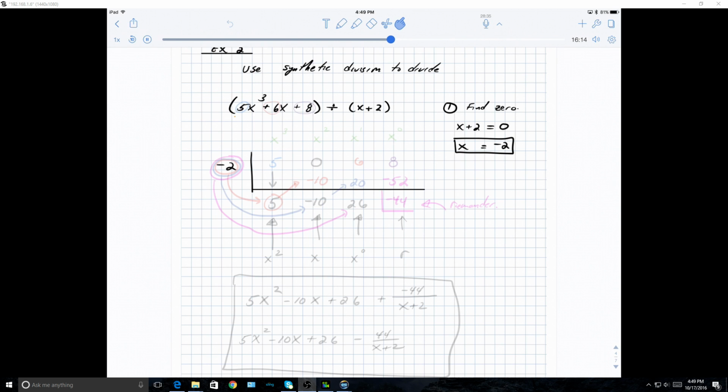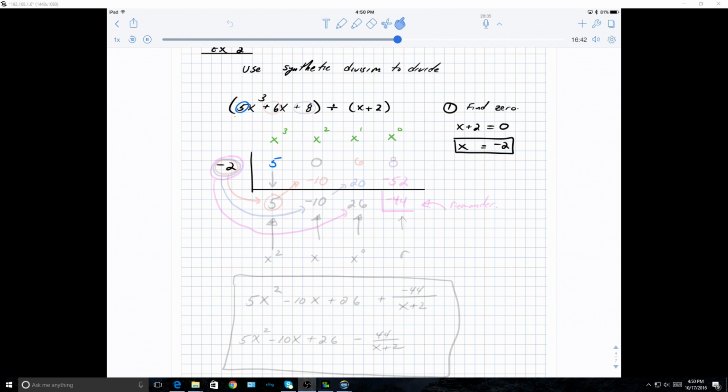So maybe I'll do it this way first. What we're going to need are the x cubes, because that's the biggest degree. Then we're going to need the x squares. Then the x to the first, or just the x degrees. And then we'll need x to the 0, or the constant degrees. So if I do this now and I look at 5, well, 5 would go here.